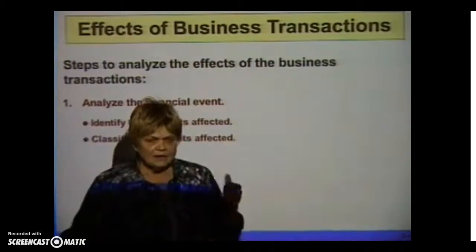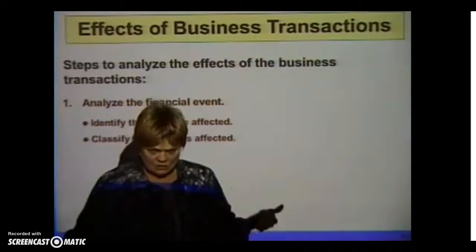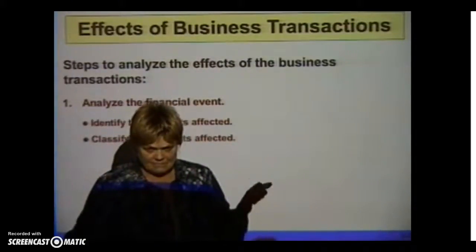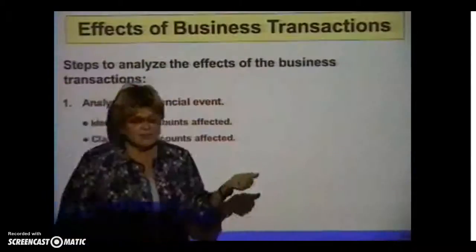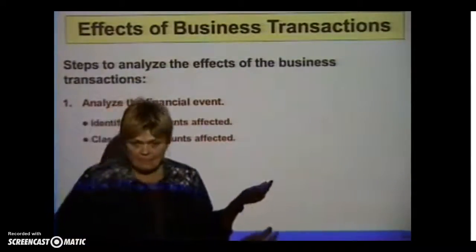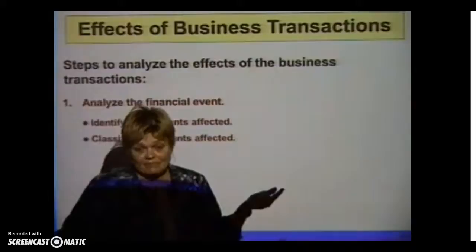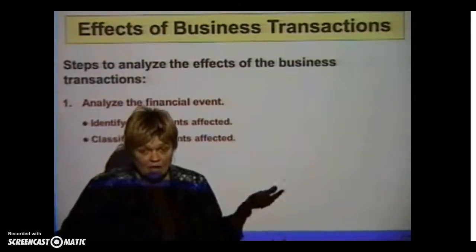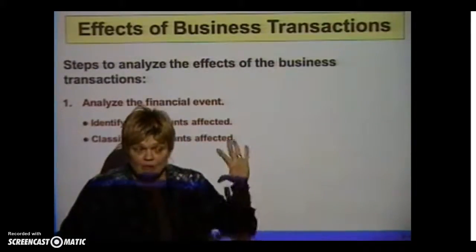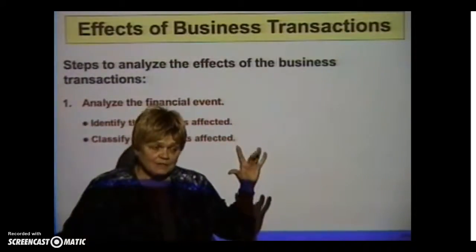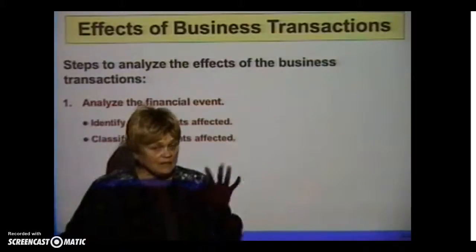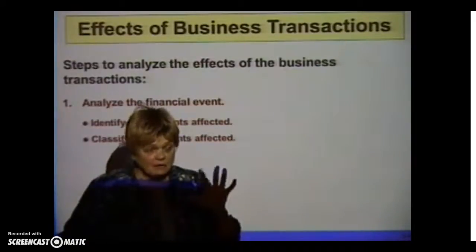So what kind of an account is cash? It's an asset because it has value. What kind of account is the owner's equity? Huh? Remember our classifications? What were they? Assets, liabilities, owner's equity, revenue, and expenses. Those are your 5 kinds of accounts.